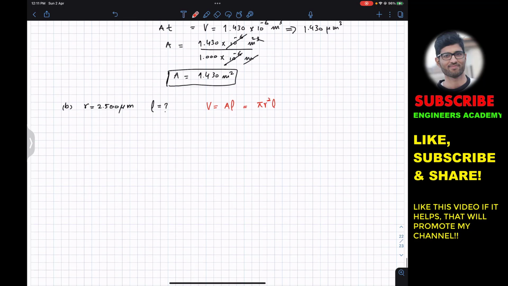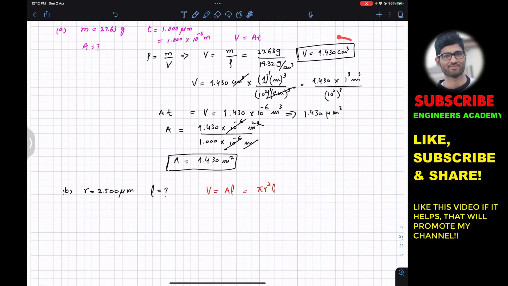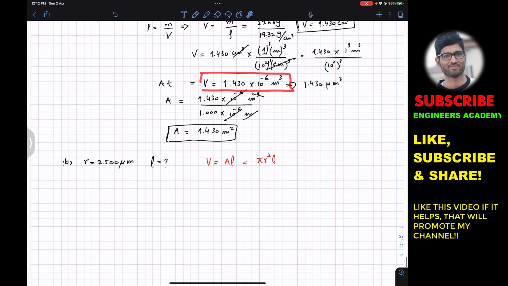So now we know the volume, since this is that volume in SI units. So let me write that the volume is 1.430 into 10 raised to the power minus 6 meter cube.